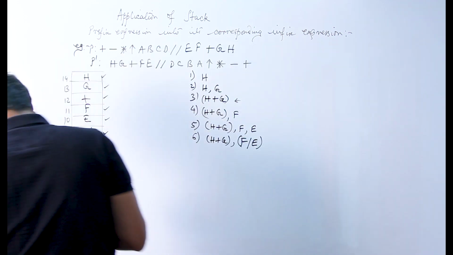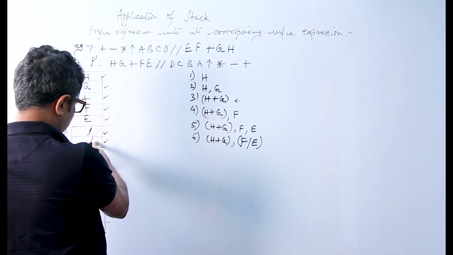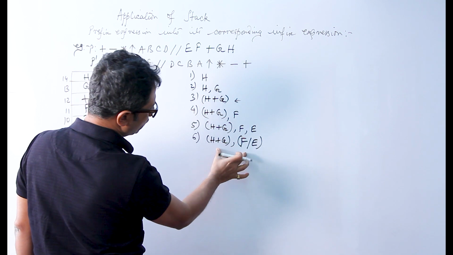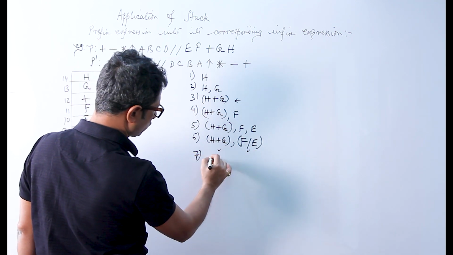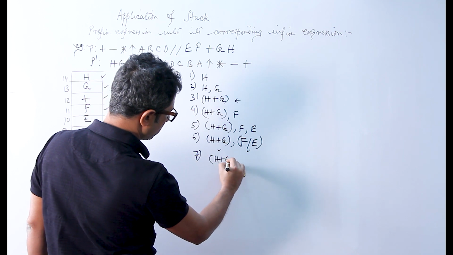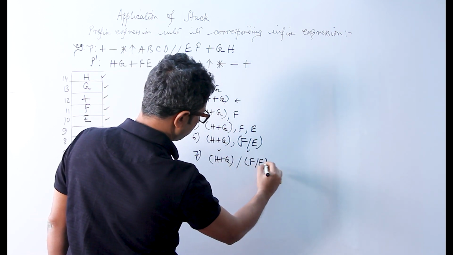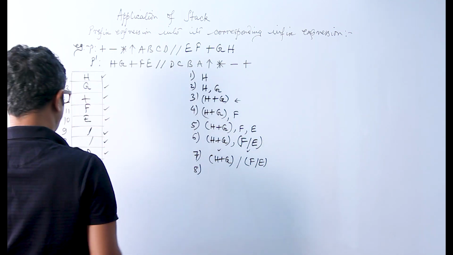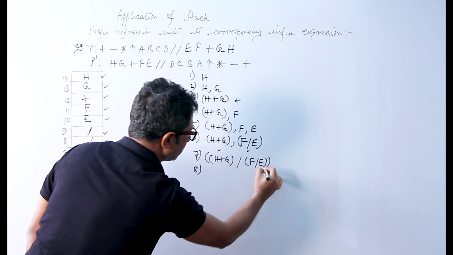And so after that, we are going to encounter another slash. See, another front slash is there, so that will be operated upon these 2 elements. So this one and this one. So that in the seventh step, we are going to perform this operation. H plus G slash F slash E. Now in 8th step, we encounter an operand, that is D. So this is only one element now.